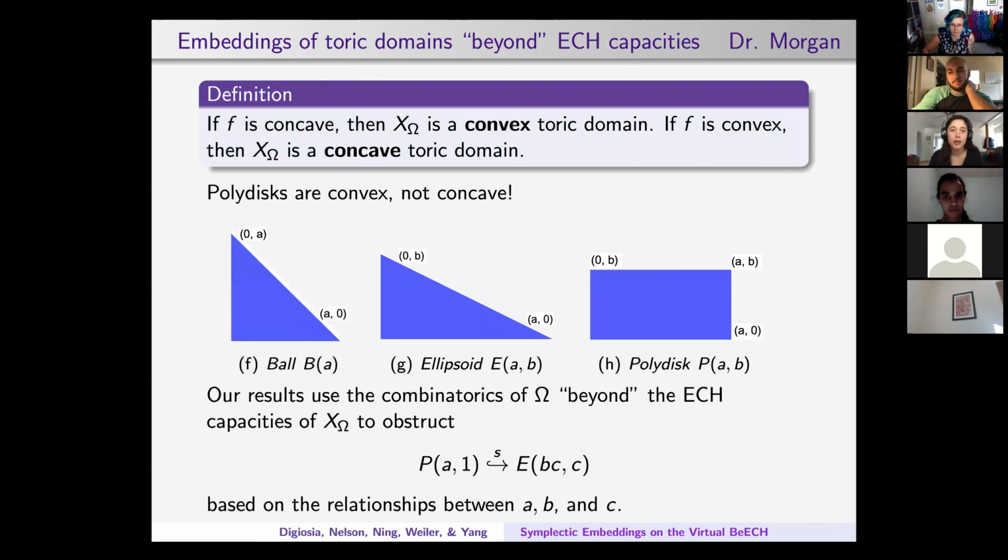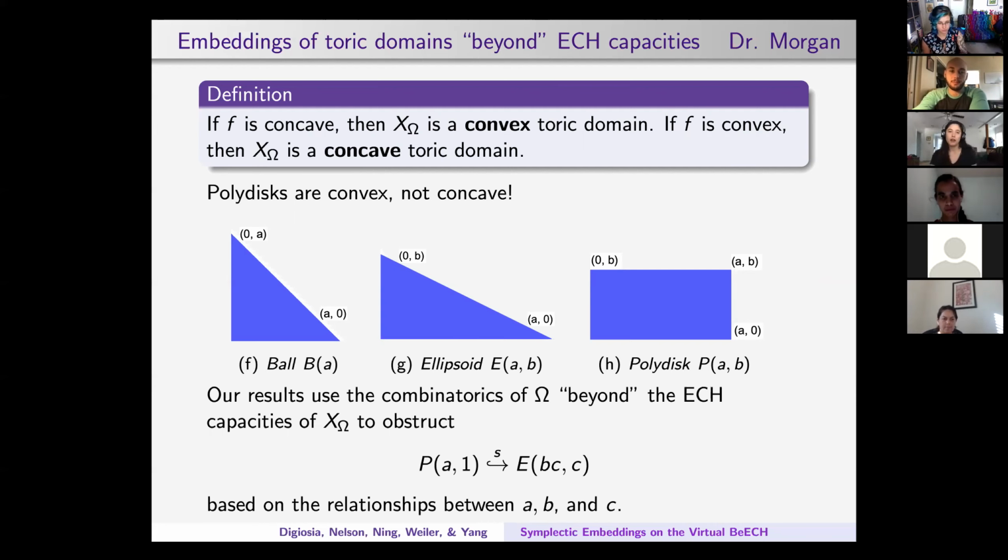So for example, polydisks, I put the definition of convex and concave there again. Polydisks are convex, they're not concave. For a polydisk, it's a bit of an edge case, but if you were to round the corner a little bit, then you would see that it falls under the definition of a convex toric domain, even though the function defining it is concave, because it's a convex region in R2.